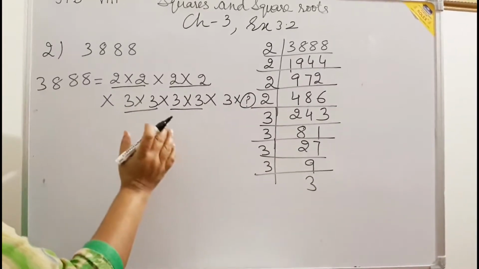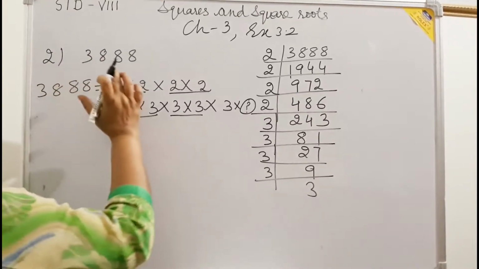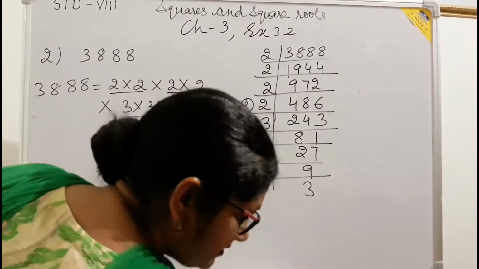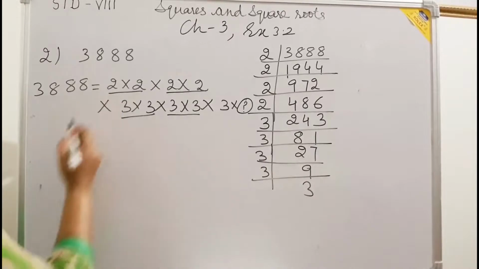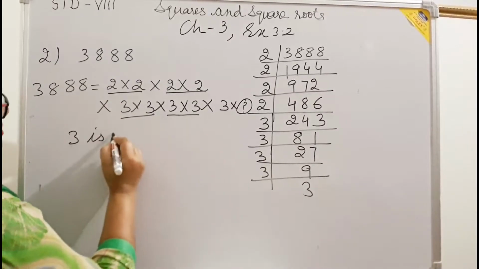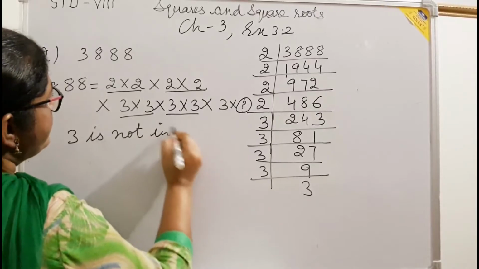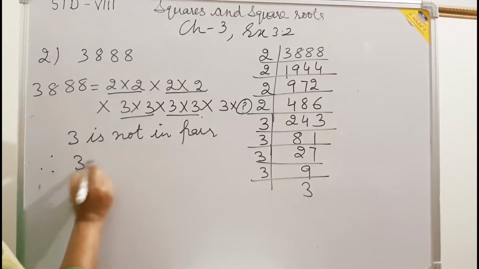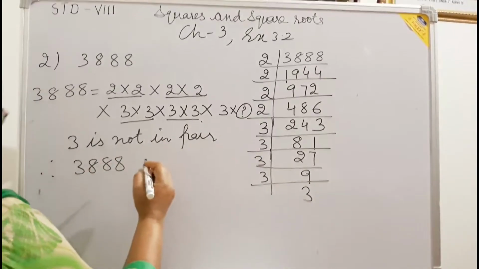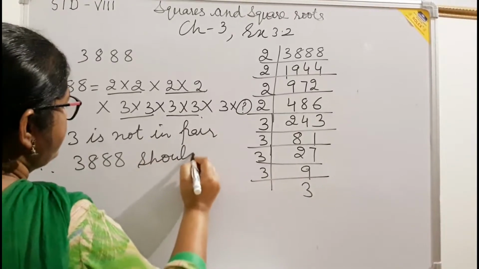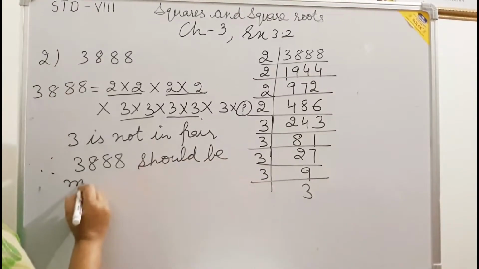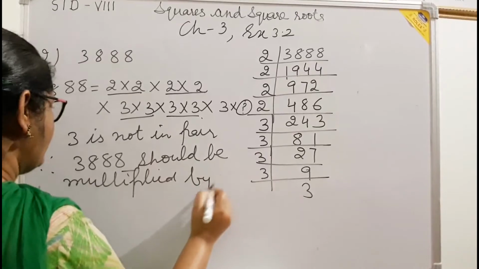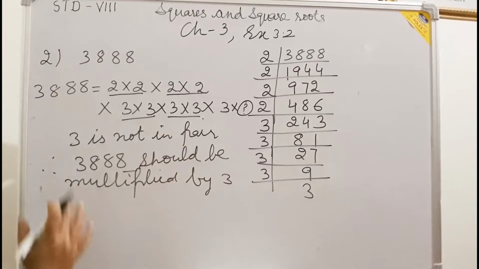Means 3 is the number which should be multiplied by 3888 to get our answer. Now 3 is not in pairs. So 3888 should be multiplied by 3.